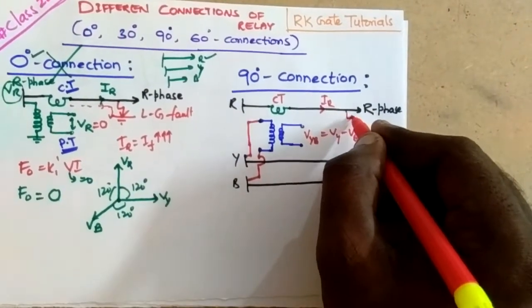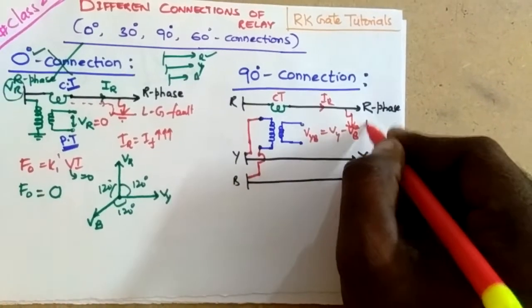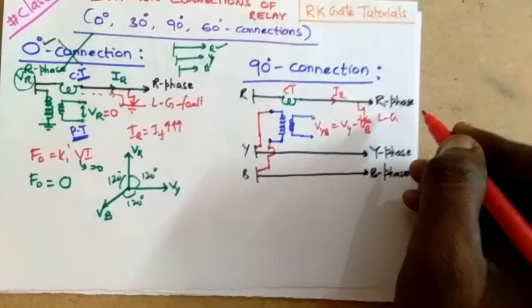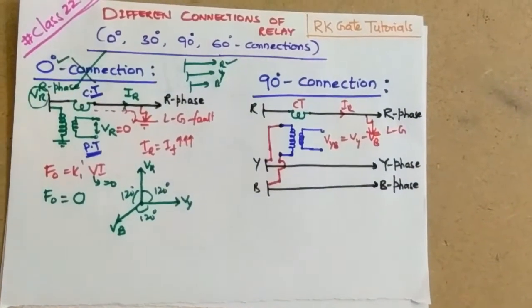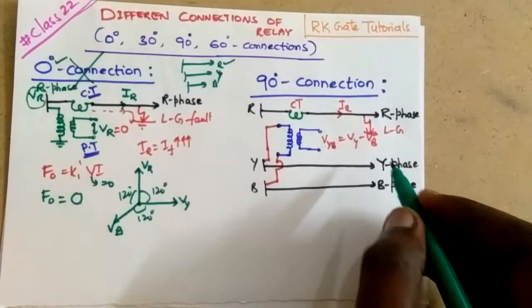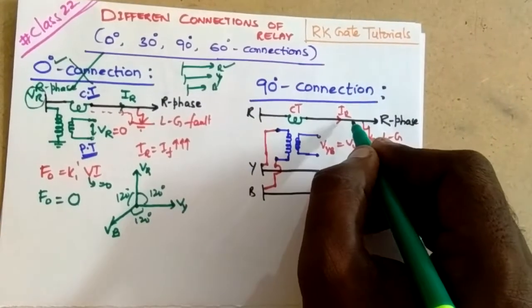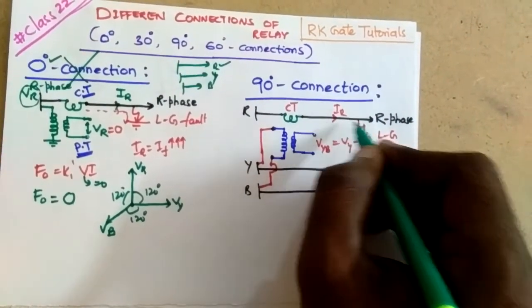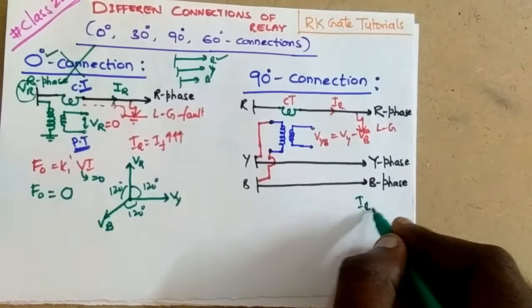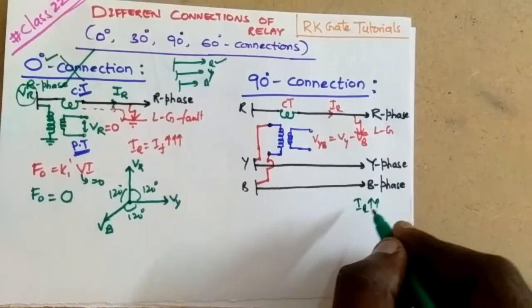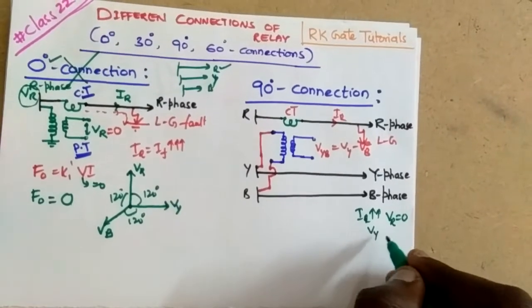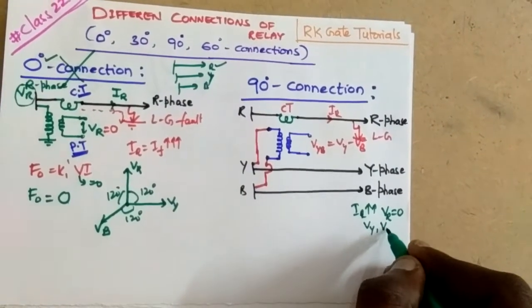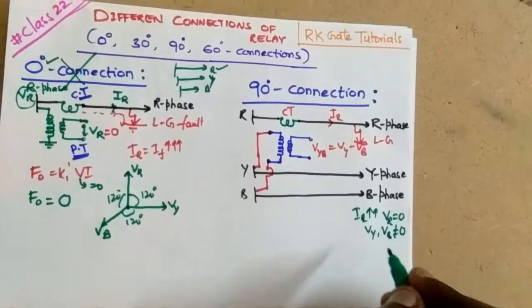If a short circuit fault takes place, let us say an LG fault, what happens? Let us analyze. There is a fault on the R phase, so IR is going to be the fault current, maximum. And VR is going to be 0, but VY and VB are not equal to 0.